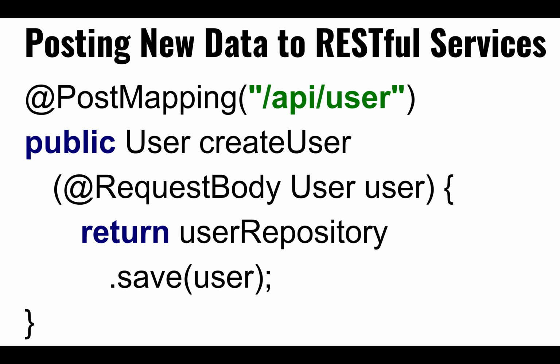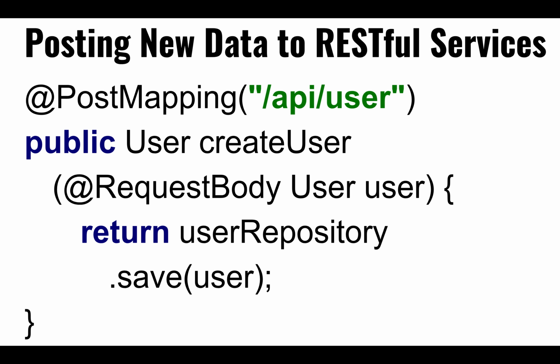Update, posting. If you're creating a new user, like register, this would be register, right? So in register, right now, what we do is just add it to a local array. Instead, we want to save it to a database. So to save it to a database, we use the repository.